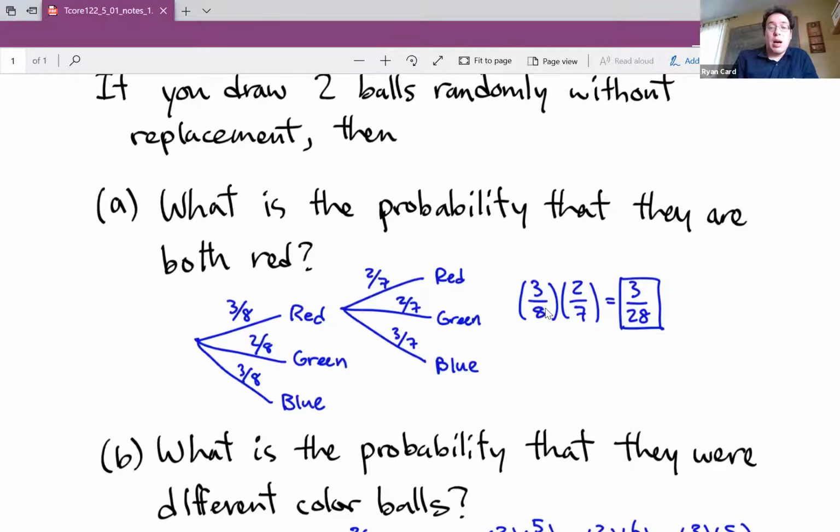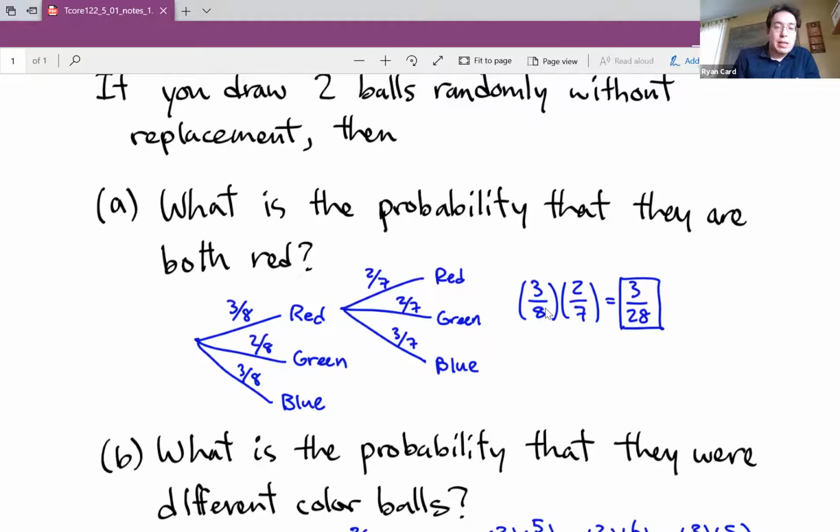So one way to represent all the possibilities and probabilities with this is to break it up into a 2-step process. We're drawing 2 balls. So the color of the first ball and then the color of the second ball depending on what you pulled out after the first one.